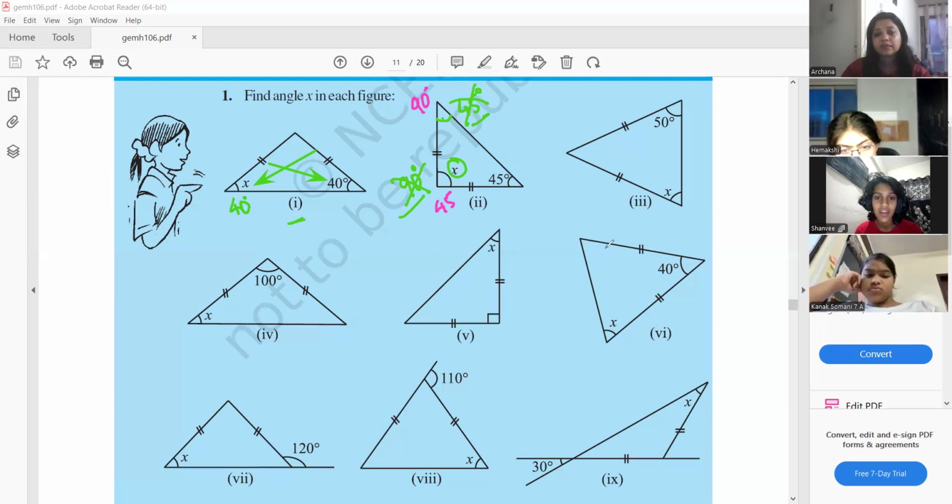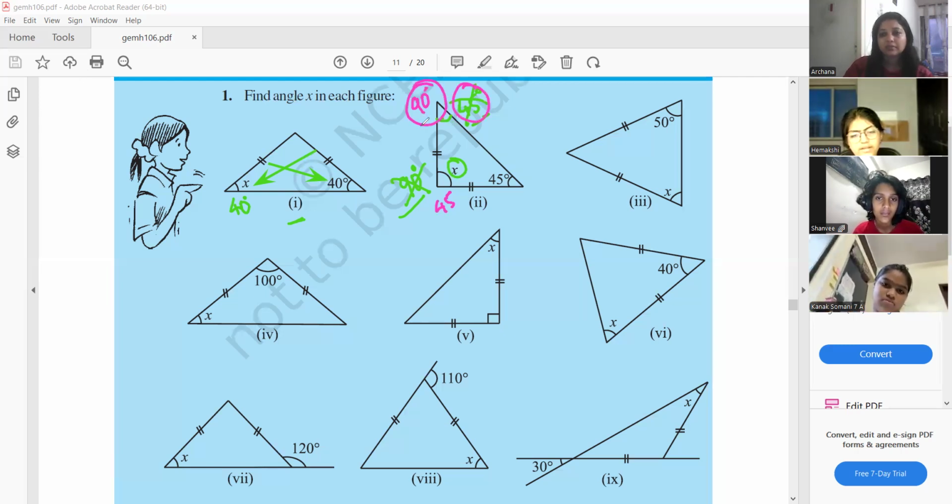Oh, sorry, the base angles thing. It is opposite to the equal sides. So which is the correct combination? 45, 45 and then this should be 45 or this should be 90? 90, and this should be 45. So your answer is wrong again.